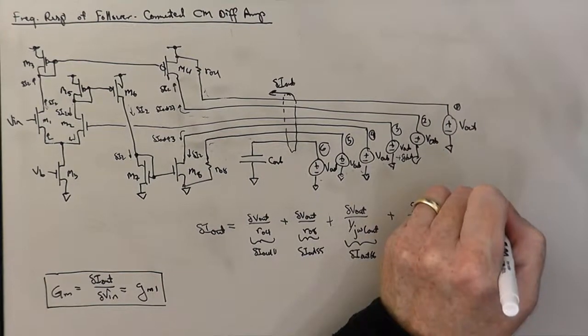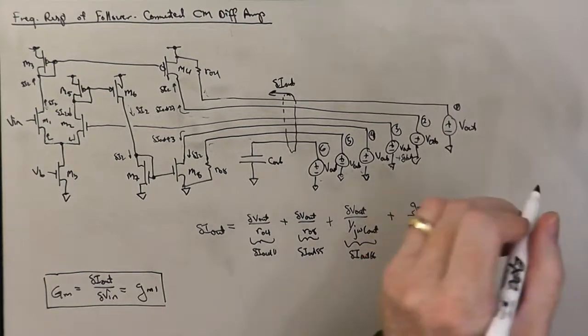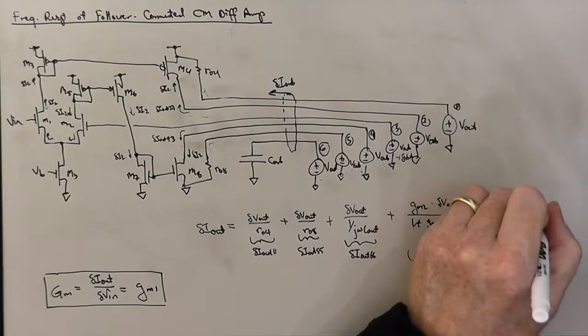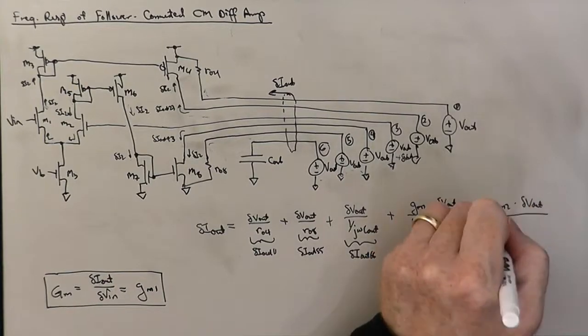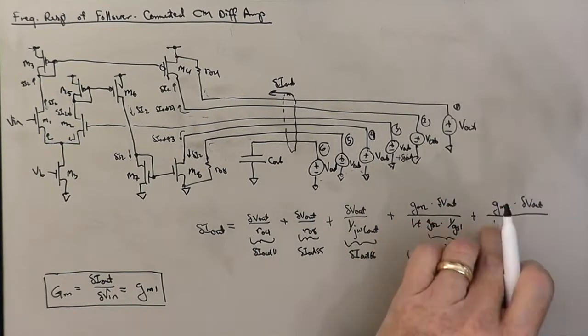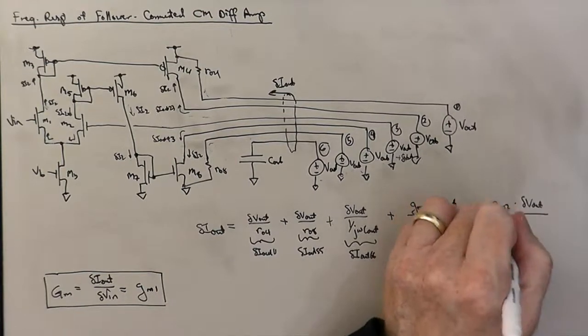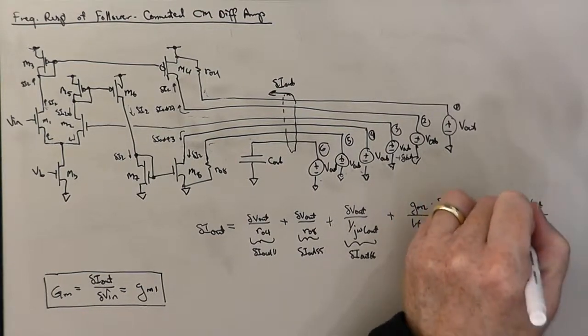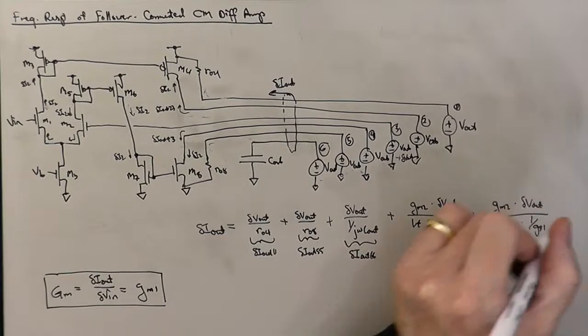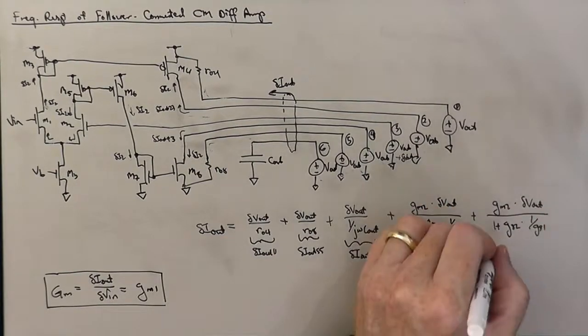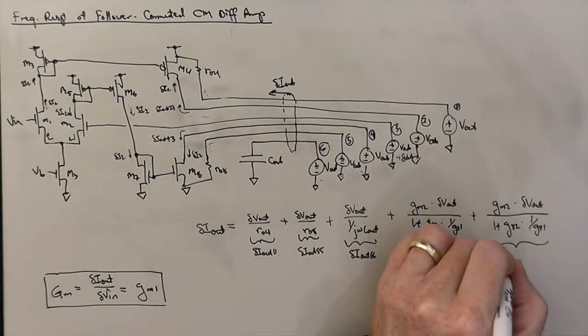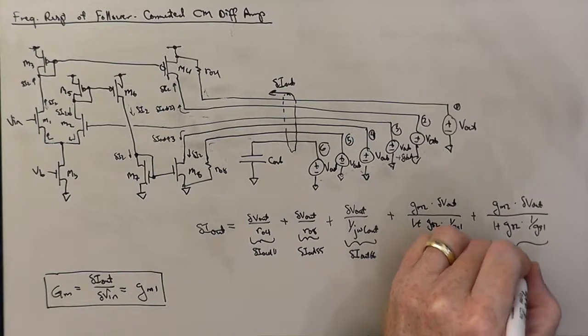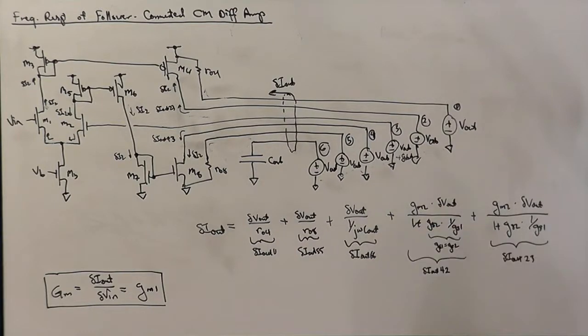And so we're going to have again GM2 times delta V out divided by 1 plus GS2 times 1 over GS1, and that again is delta I out in branch 2 due to replica source 3.